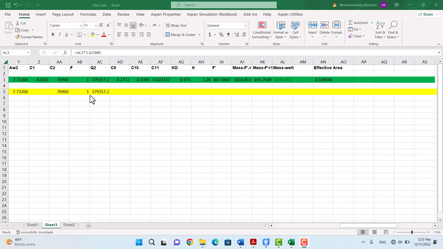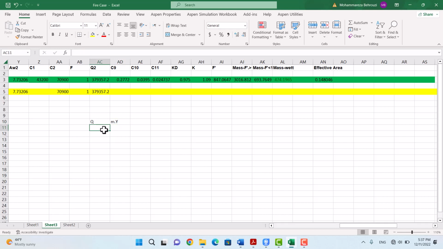Now we have to calculate the relief load. In order to calculate the relief load, as you can see in Excel sheets, we need to use the simple equation for heat transfer: the mass flow rate multiplied by the specific heat, which is this value.